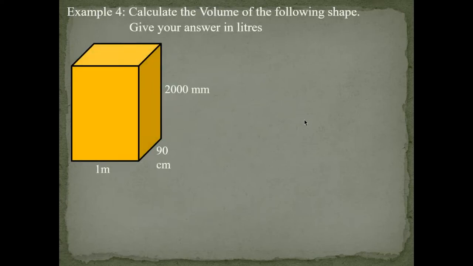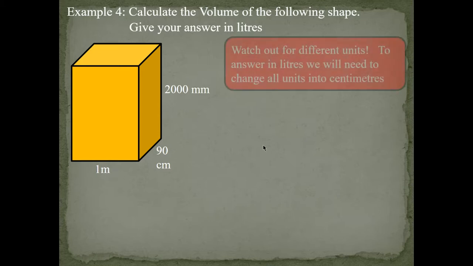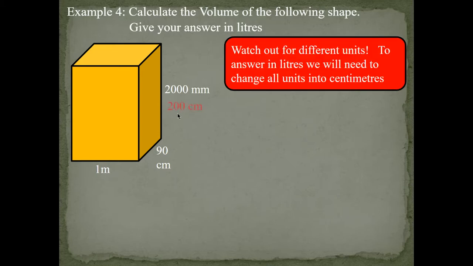So if we have this question here, the first thing to notice if we're wanting to work out the volume is that we've got different units here. So we must first of all change these all into centimetres. This one is in centimetres, 100 centimetres is 1 metre, 10 millimetres in a centimetre.